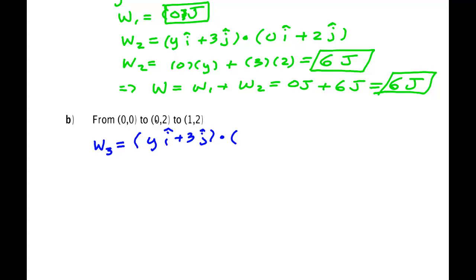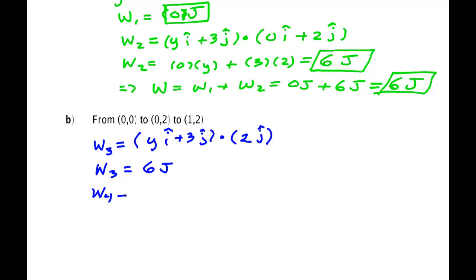Here we're not changing the x at all, but we are changing the y by 2 units, so 2 j hat. And all of this, of course, will give us joules at the end. So this time, y times 0 is 0. 3 times 2 is 6. So W3 is equal to 6 joules.